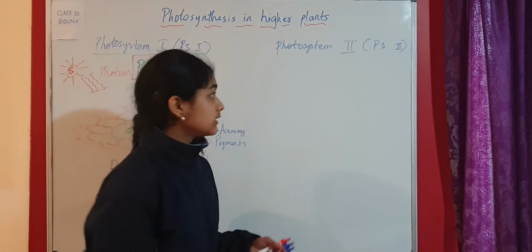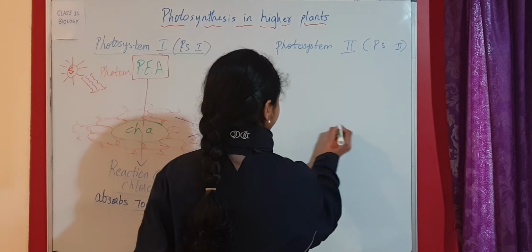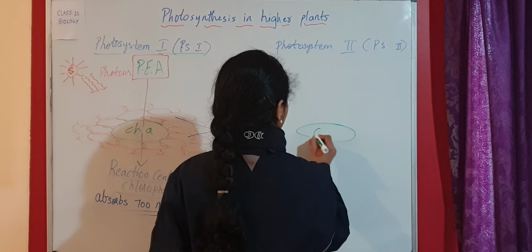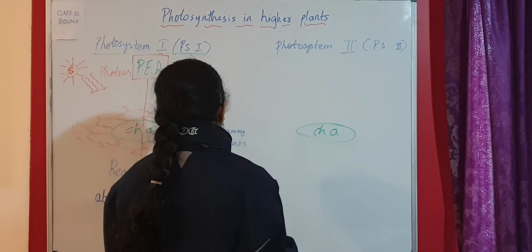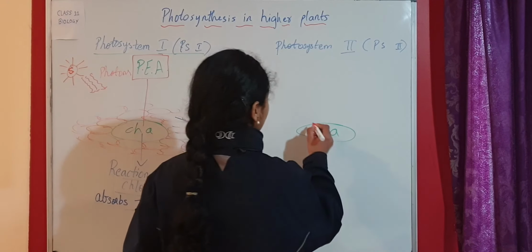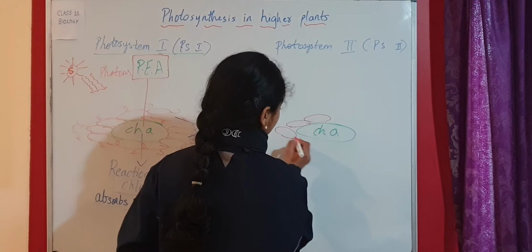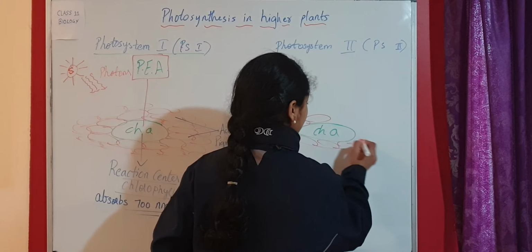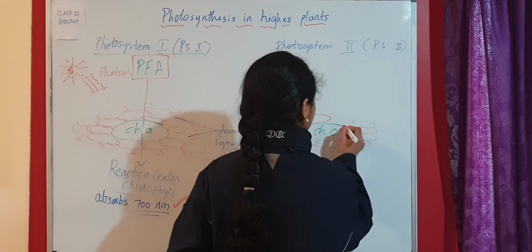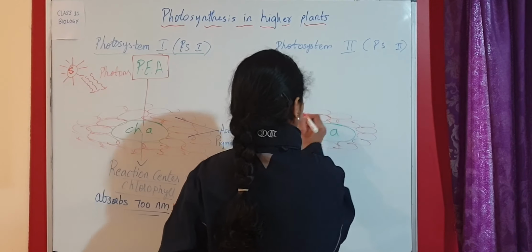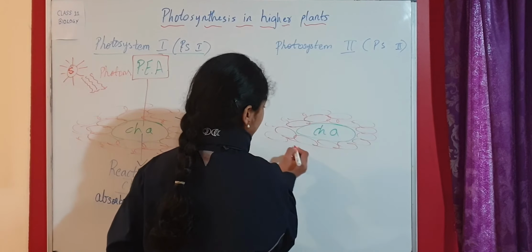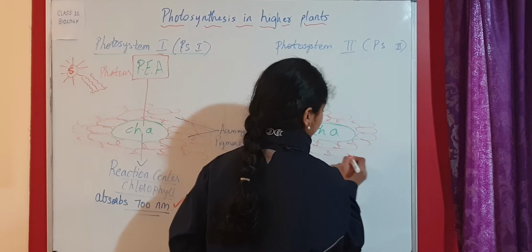Now let us take the structure of photosystem 2. Here we have the chlorophyll A, and again we have the accessory pigments, which help in the process of photosynthesis.